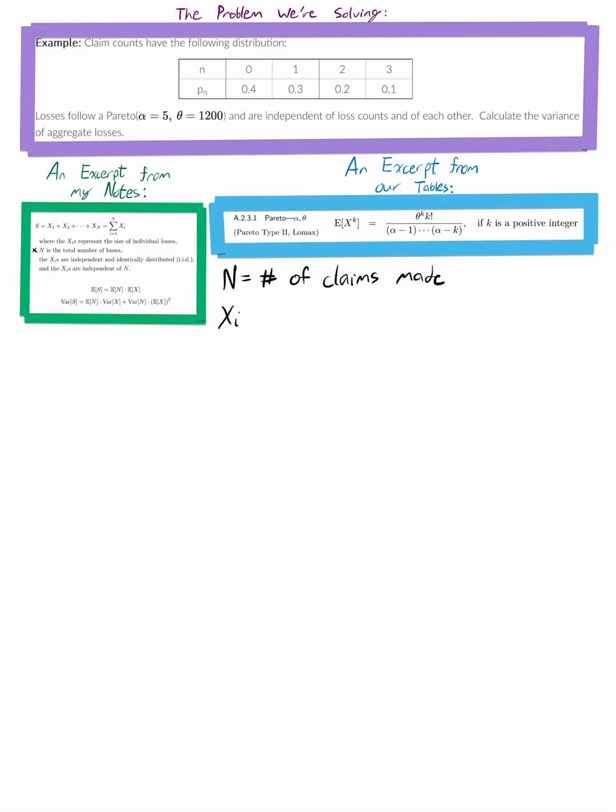Next, Xi denotes the size of individual loss i. And that satisfies our first requirement up there. Next, we're also given that all the losses follow a Type 2 Pareto distribution with alpha equals 5 and theta equals 1200 and are independent of each other.